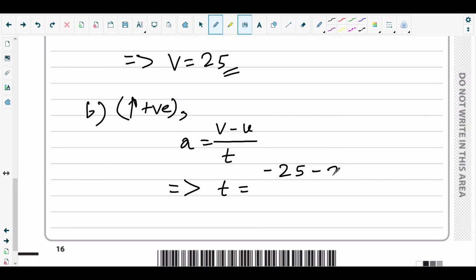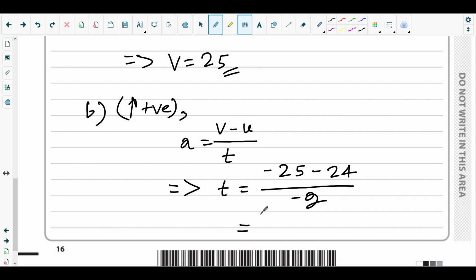So t equals negative 25 minus 24 over the acceleration. Acceleration is negative g because it is downward. The final velocity is downward and acceleration is also downward. Therefore, negative 25 minus 24 over negative g.